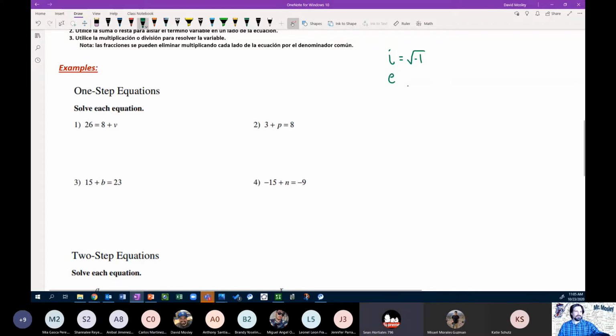I'm trying to remember. E represents the natural log, which again we aren't going to get into. What is my E on this calculator? There it is.